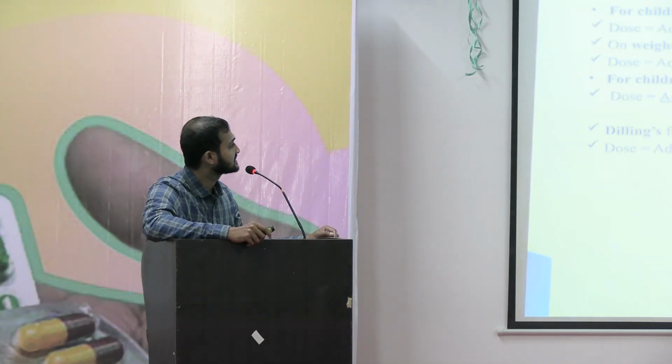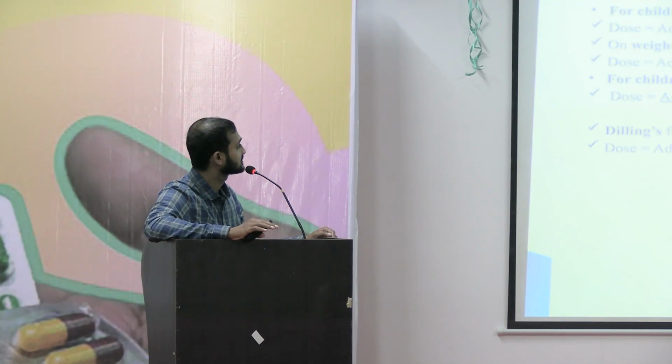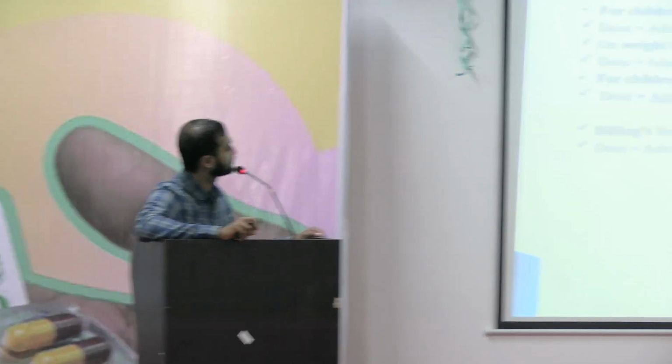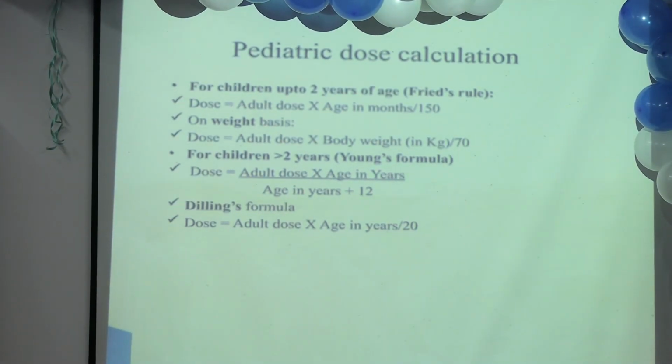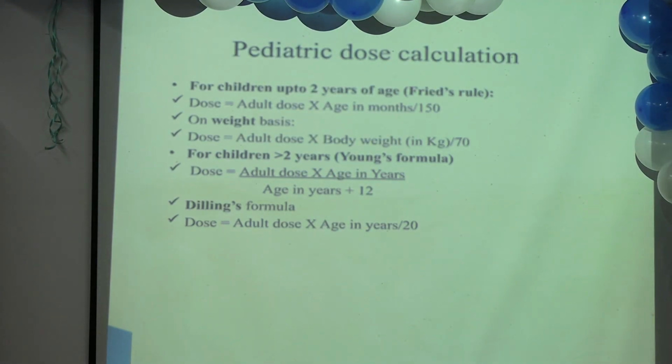According to age, for up to 2 years of age the calculation is by Price's rule, where the dose equals the adult dose multiplied by age in months divided by 150. On the basis of weight, it is the same. If the age of the child is more than 2 years, then use Young's formula or Haley's formula. Here the dose equals the adult dose multiplied by age in years divided by age plus 12.